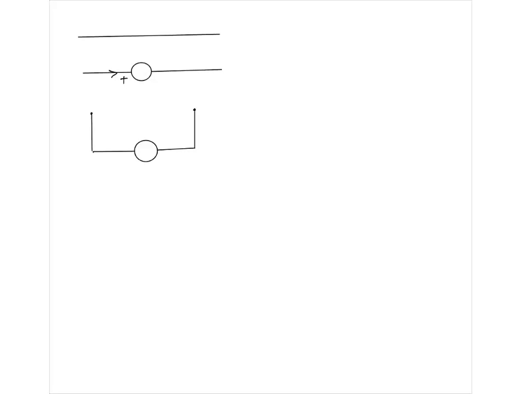So if you have some big circuit and through some resistor, in reality 5 ampere current is flowing, suppose. Then when you connect that ammeter to measure that 5 ampere, then 5 ampere should not become 4.5 ampere.